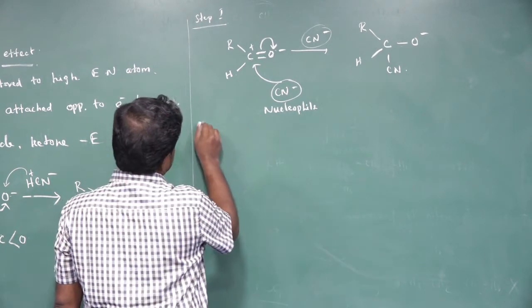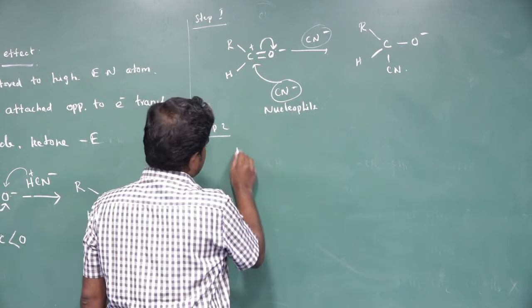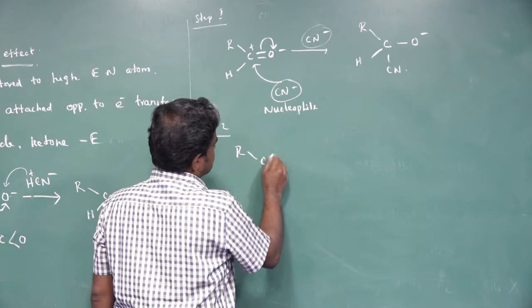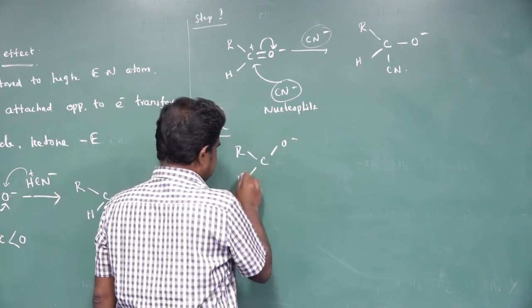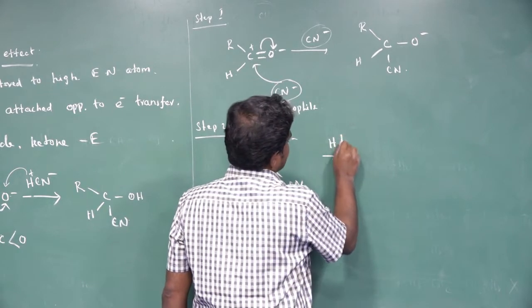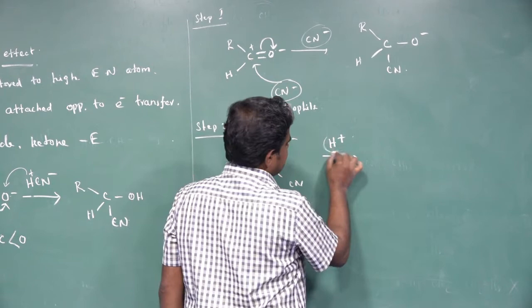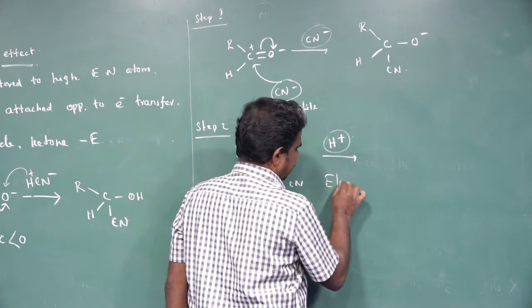Now the second step, that is step 2, we are taking R, C and O minus and H and here CN, and it is attached with H plus. Now H plus is considered as the electrophile.